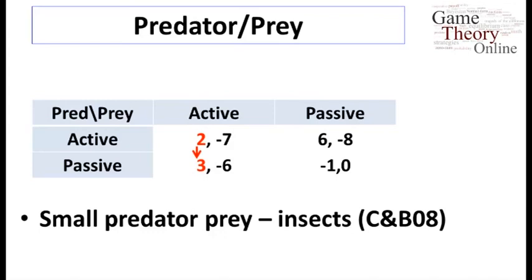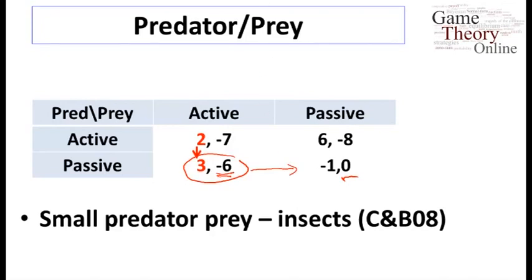Well, if we try and see whether or not this entry is an equilibrium, we're going to have some difficulties. Why is that? Because in this case, if the predator was actually passive, then the prey gets a -6 here, a 0 here. So we're in a situation where they would like to go in this direction.